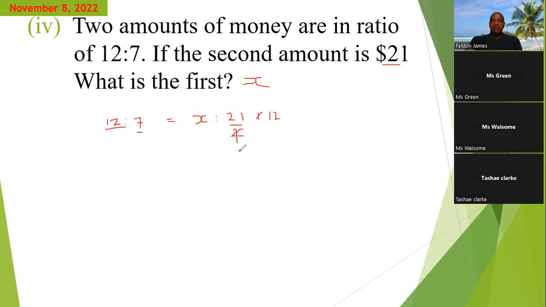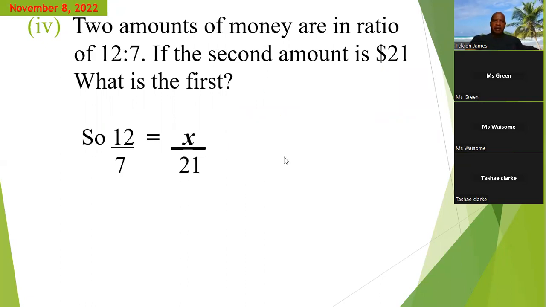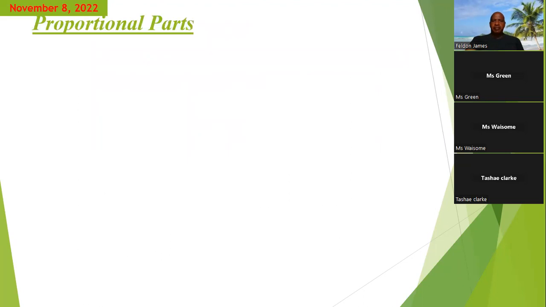Then we get 7 into 21 goes 3, 3 times 12, we get $36. All right, so we would easily calculate the first ratio by using the second method here. All right, so that would have been the ratio.